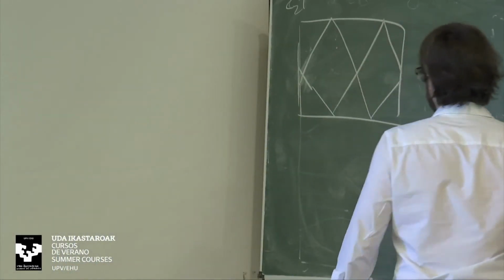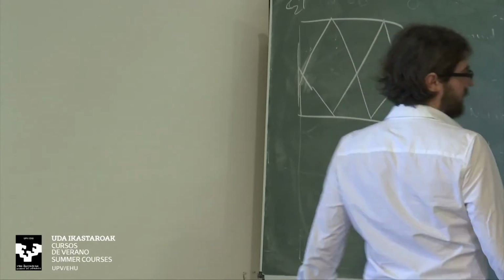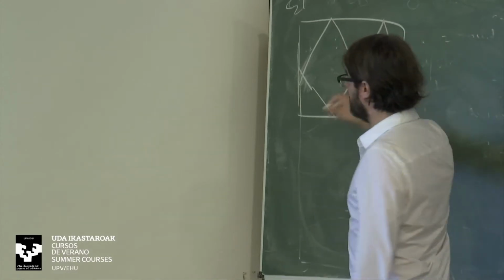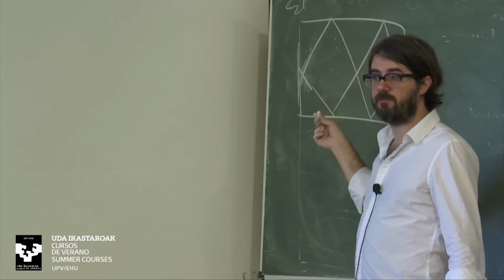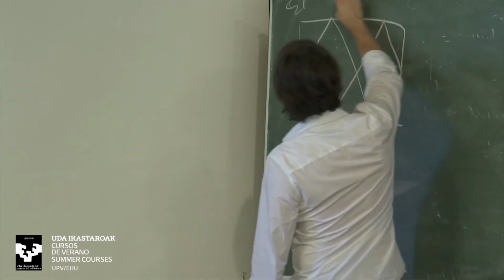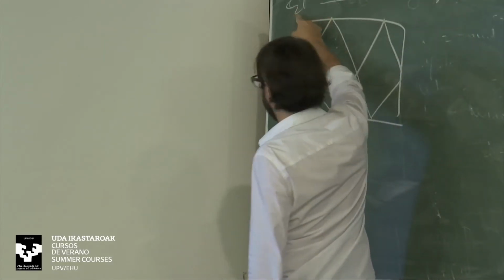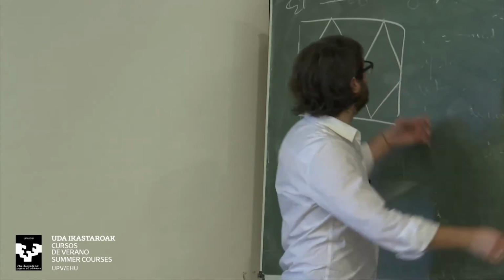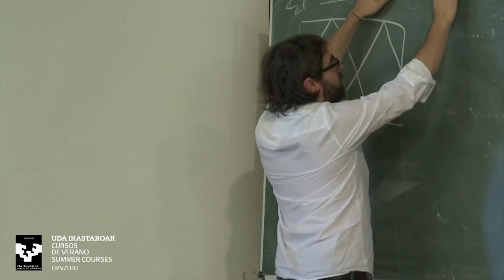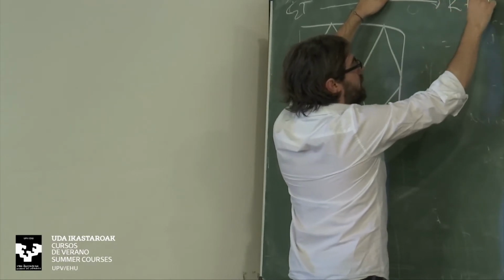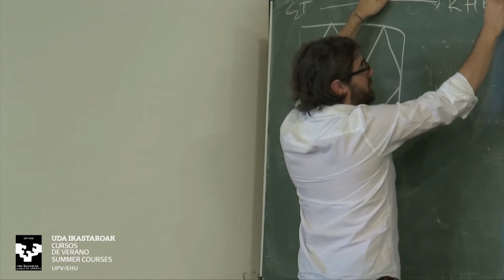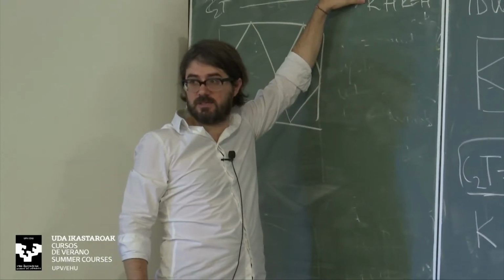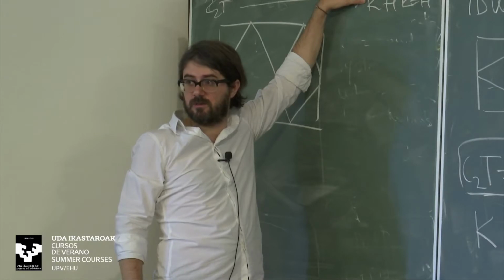So now you can clearly see that there's a Z classification of these systems with C2T, because I can make Z windings. That Z classification stems from the fact that this operator imposes a reality condition on the actual Hamiltonian. So K times the Hamiltonian times K is equal to the Hamiltonian. It makes this basically an orthogonal matrix.